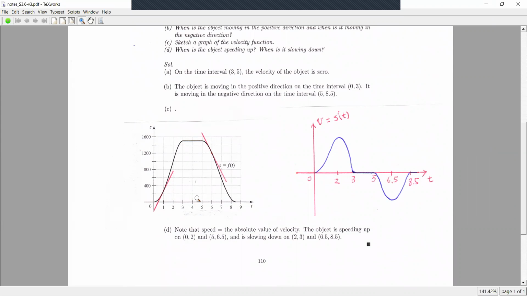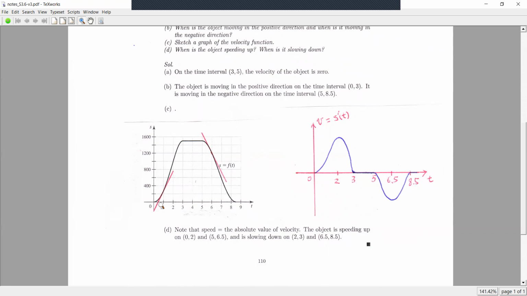The first piece is from 0 to 3. Between 0 and 3, the slope of any tangent line is positive. At time 0, the tangent line there is almost horizontal, so when time is 0, the slope is about 0.